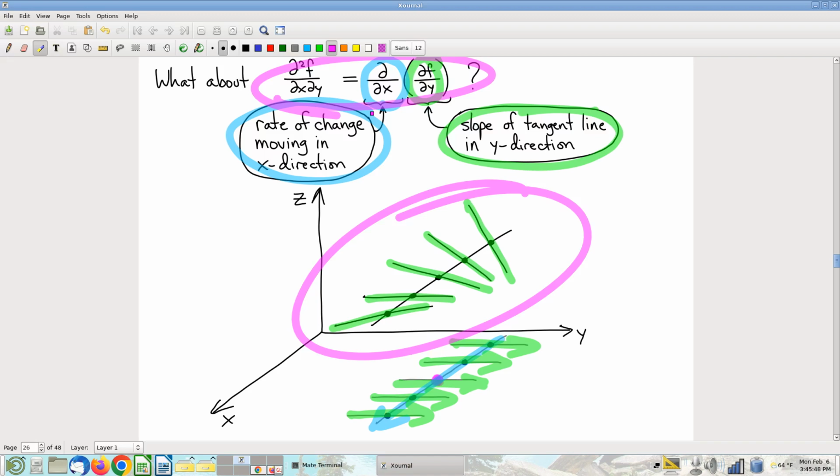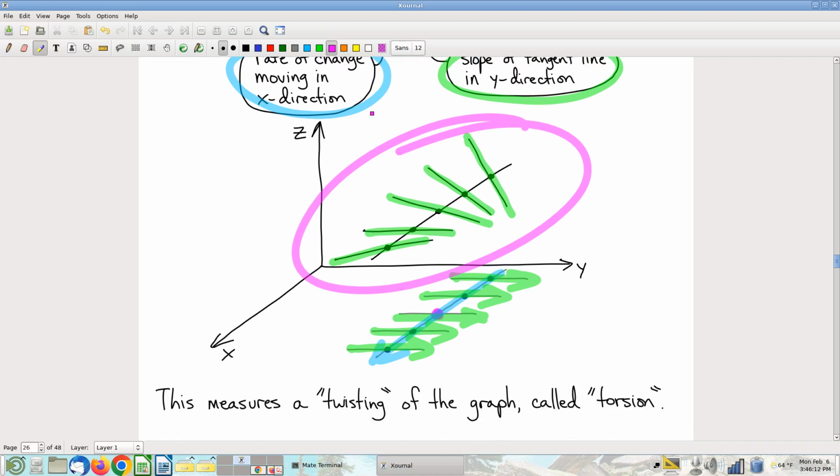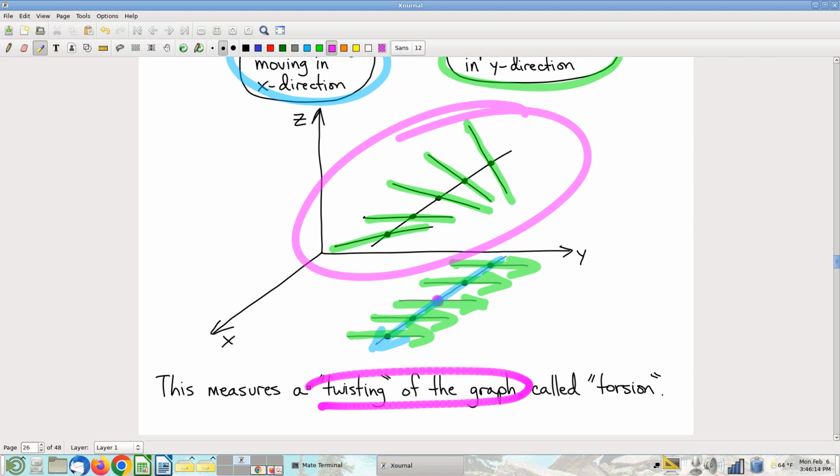On the back, I would need to twist this way because on the back end it's the left side that's kicking up. But on the front side, I need to twist the other way because it's the right side that's coming up. So it would be literally twisting the sheet. So that's a point of view on what these mixed second partials represent. They measure a twisting of the graph.